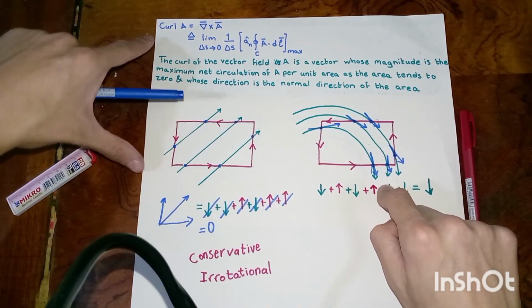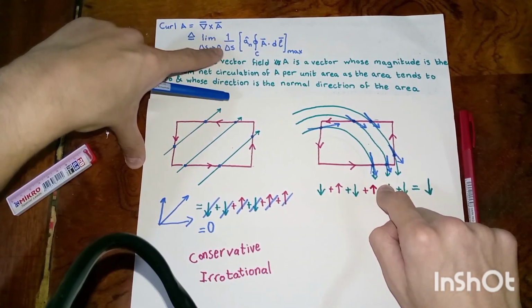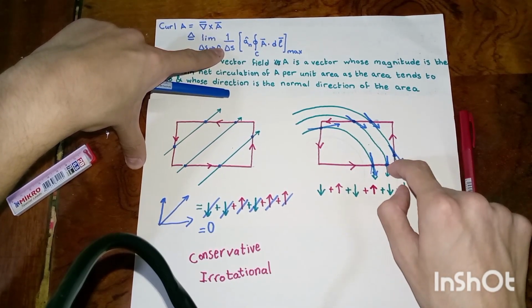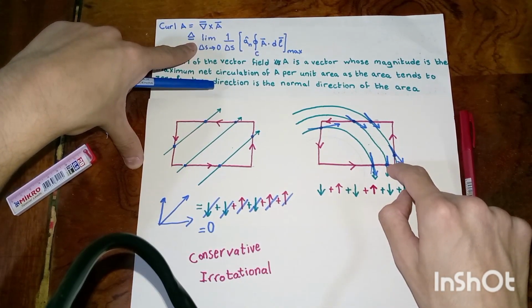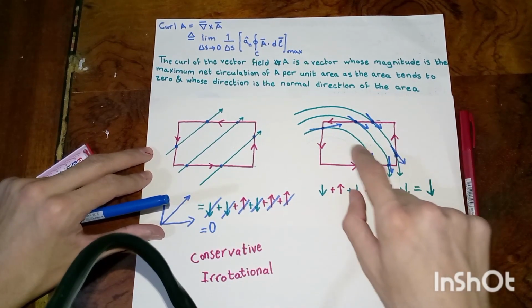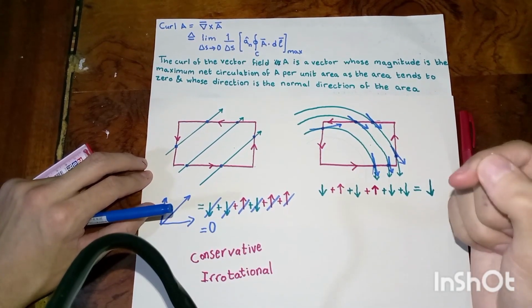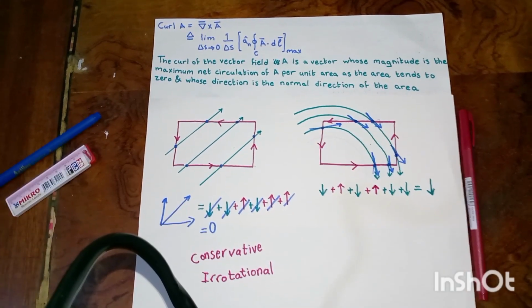Now if we apply the rest of the curl by dividing this by the area of the surface, then make the area so small that it tends to zero, this is going to tell us about the net circulation of the vector field around some point in space. And this is what the curl is telling us.